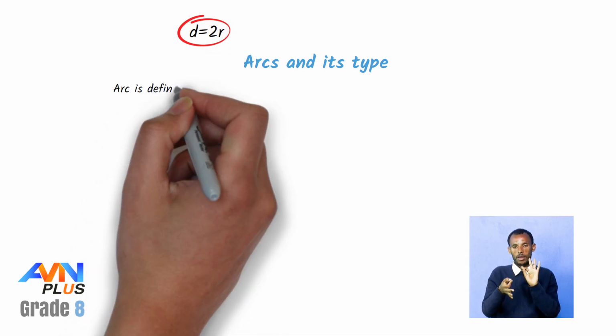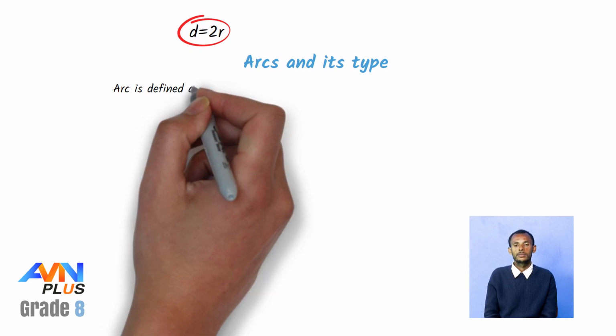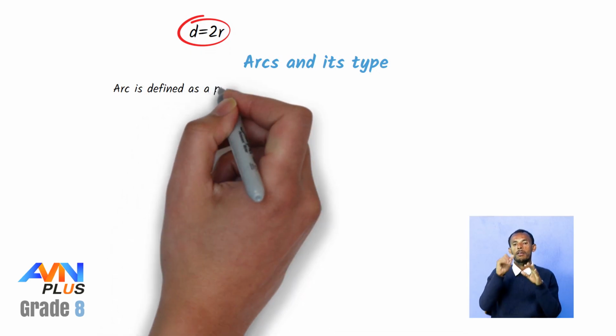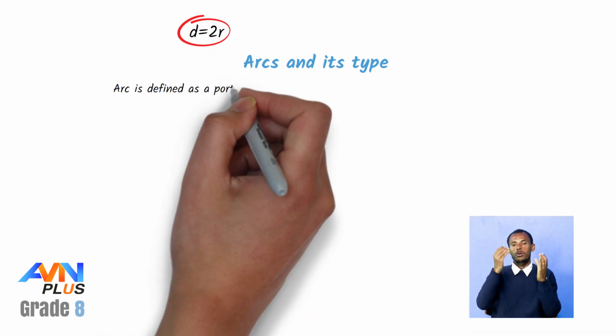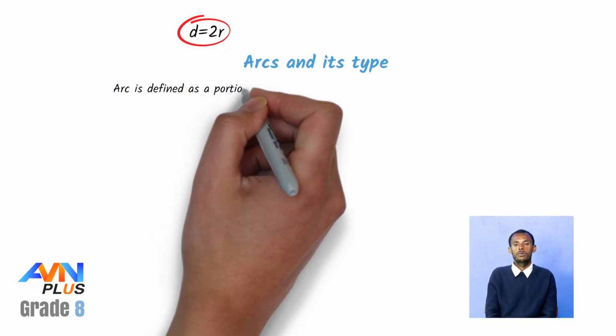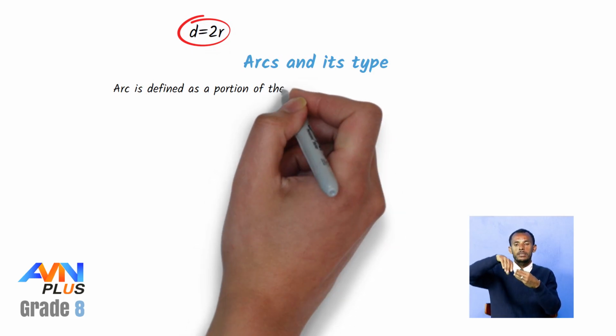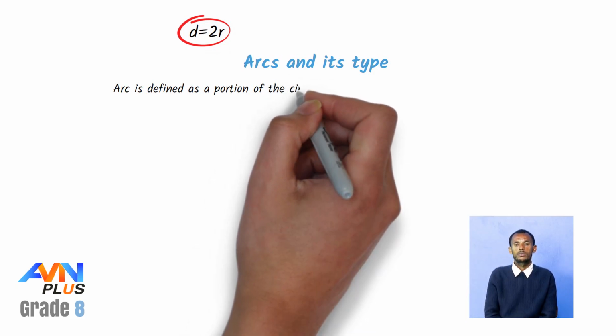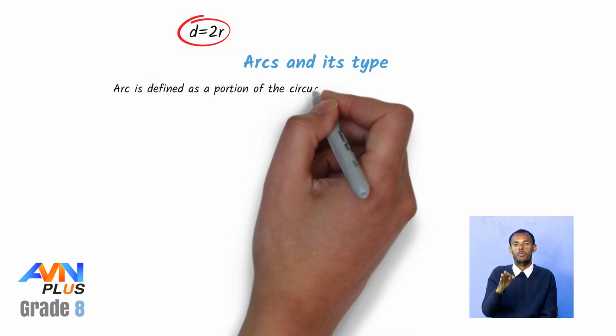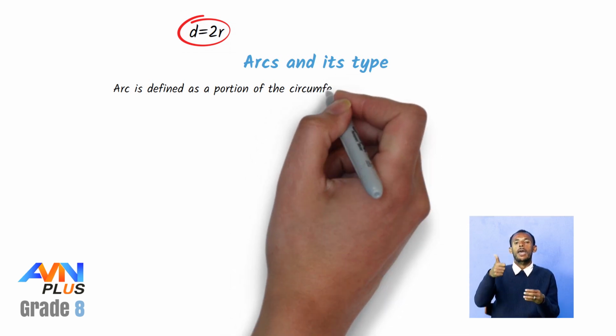Okay? So an arc is defined as a portion of the circumference of a circle.